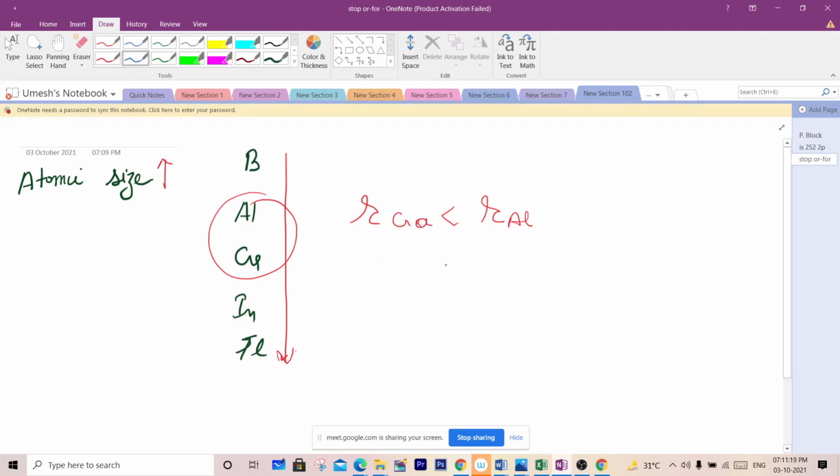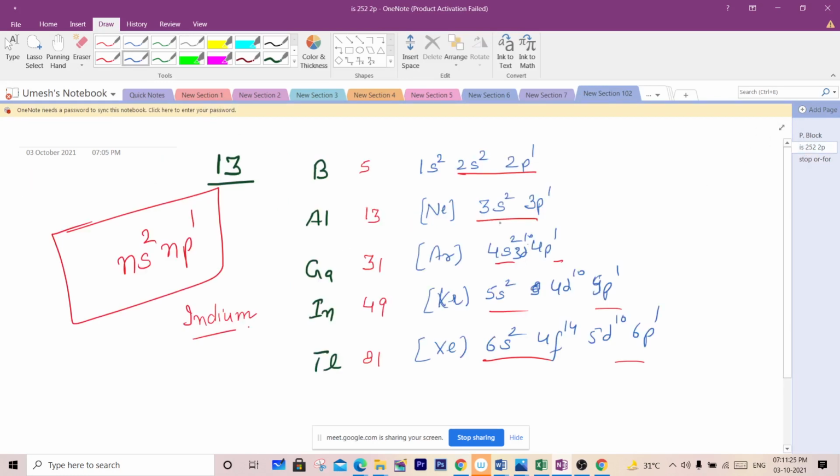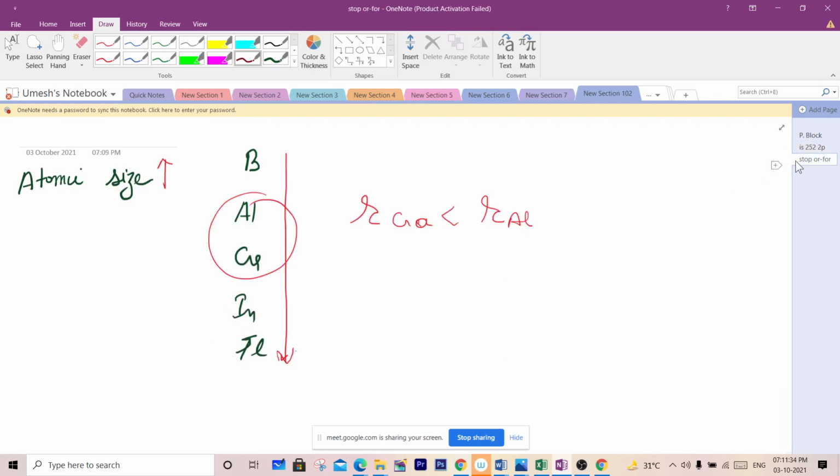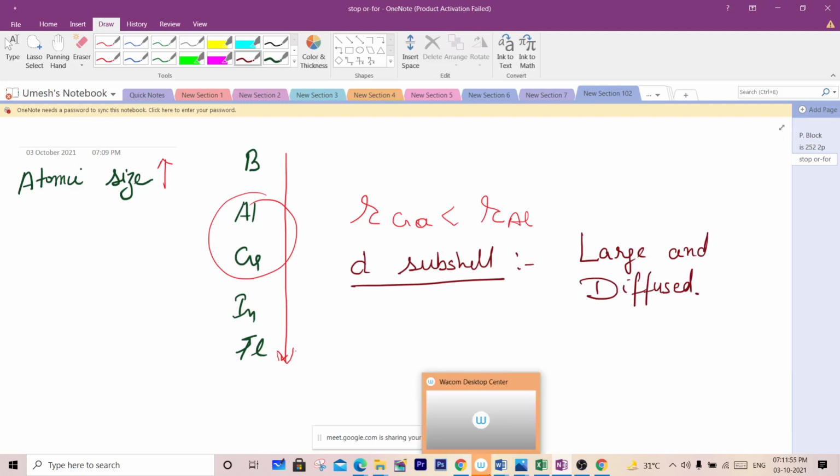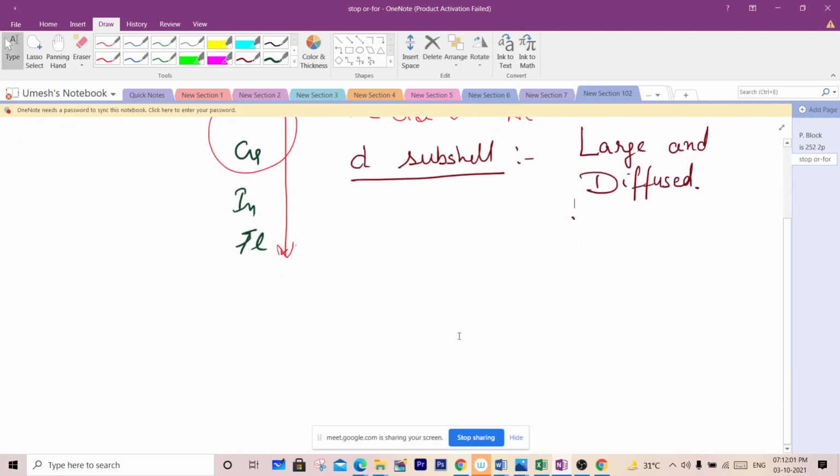Let us discuss why. If you see this electronic configuration, we have entry of the D subshell here. It is not present in aluminum. Now, an important property of a D subshell is that it is large and diffused.